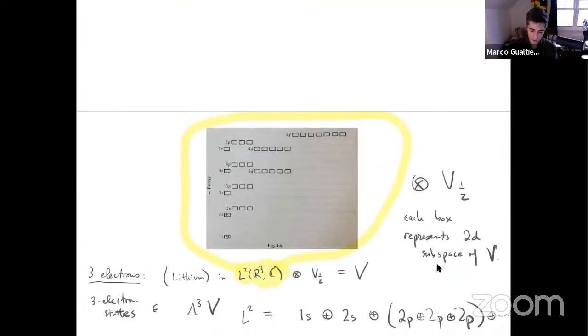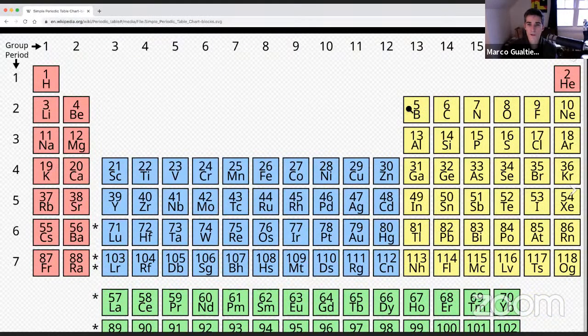and that's usually written this way: 3, 4, 5, 6. And in the periodic table, this is exactly the reason for this set of elements up here.